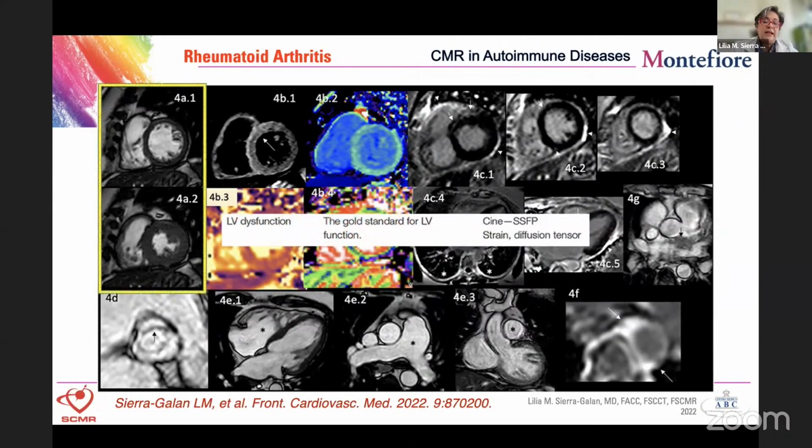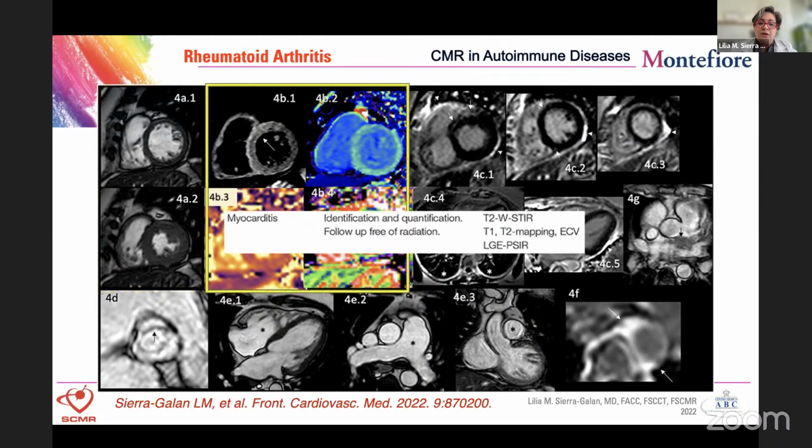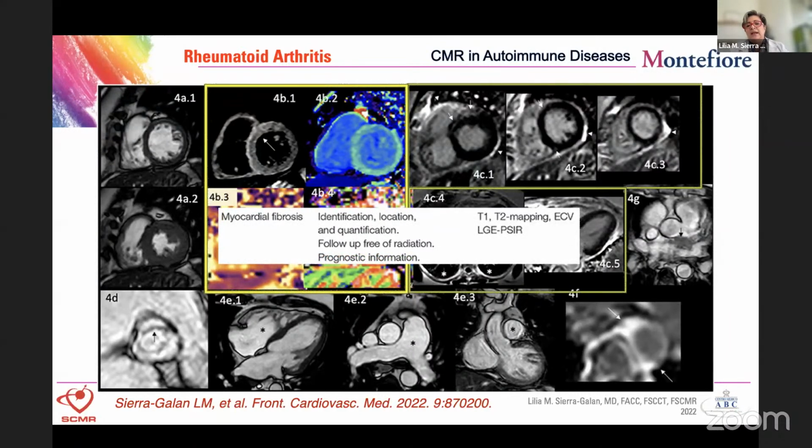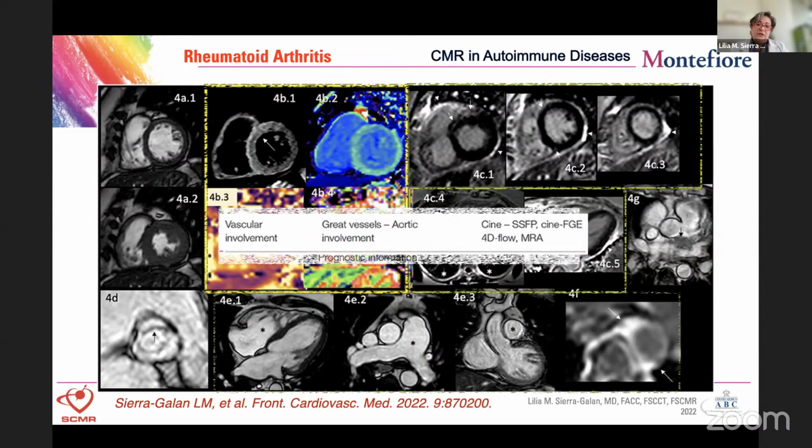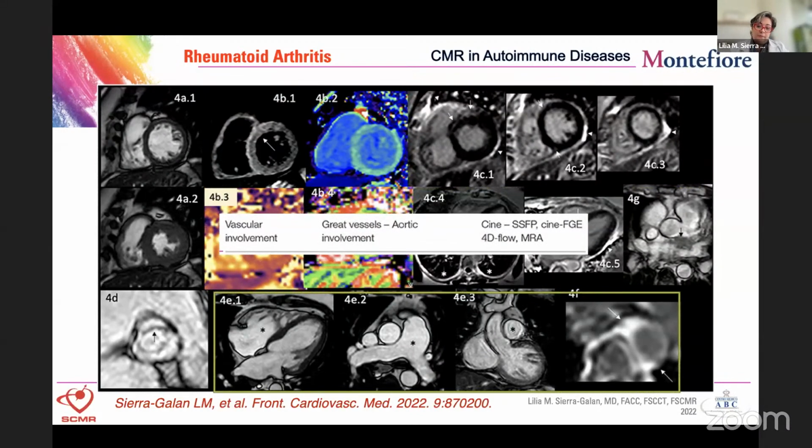Okay, so in this case, you know that left ventricular dysfunction, right ventricular dysfunction, myocarditis with the T2 STIR and all the mapping techniques, and the LGE, they identify the myocardial fibrosis, and you have the prognostic information of it, and the vascular involvement. As in this case, we can see how there is a pulmonary artery enlarged, which has also compromised already the right ventricle.